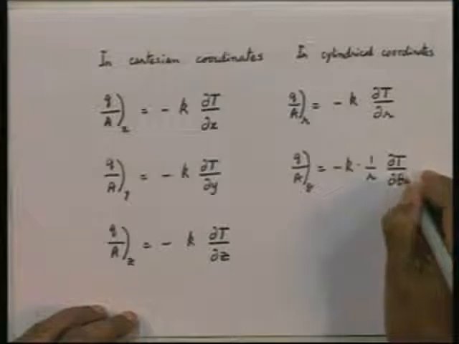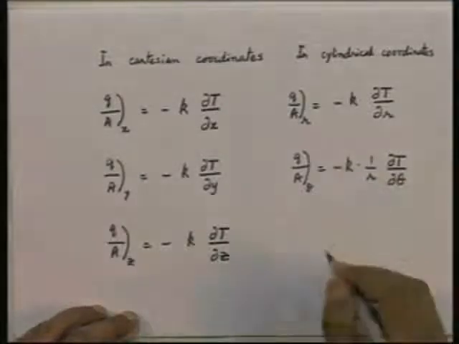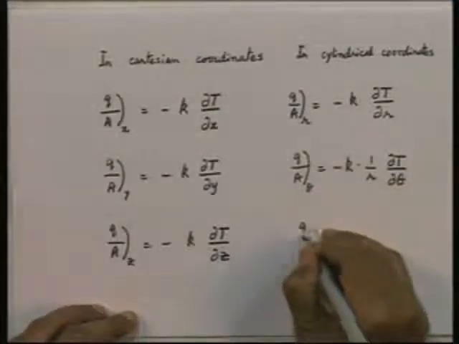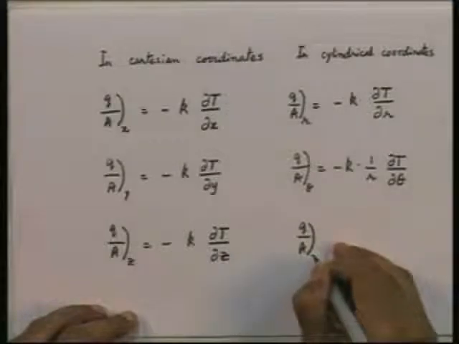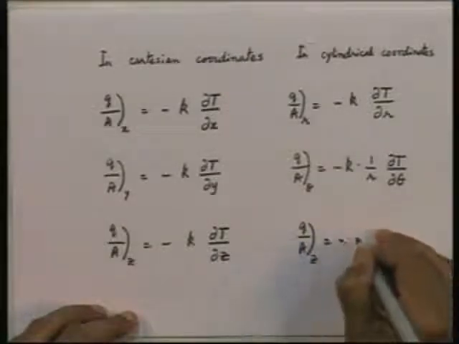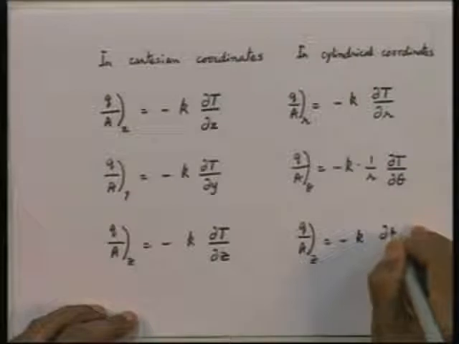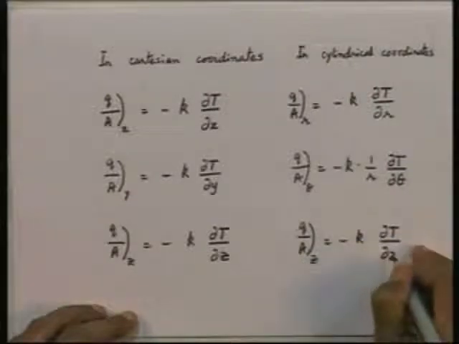Notice theta is an angle, so I need a distance r d theta, and Q by A in the z direction is equal to minus K dT dz.